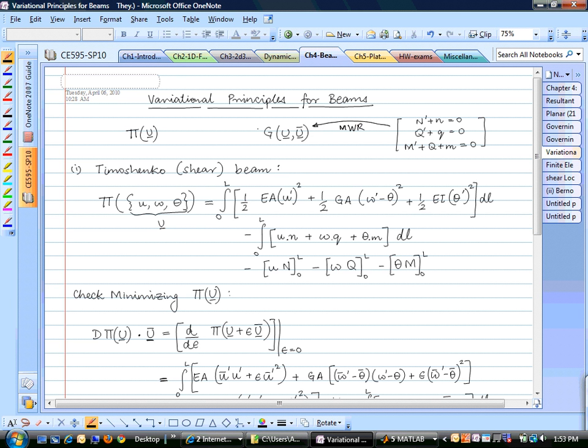Alternatively, what you can do is start from an energy functional and calculate G. And to do that, we had to minimize using the Gateaux derivative. How about from here to here?